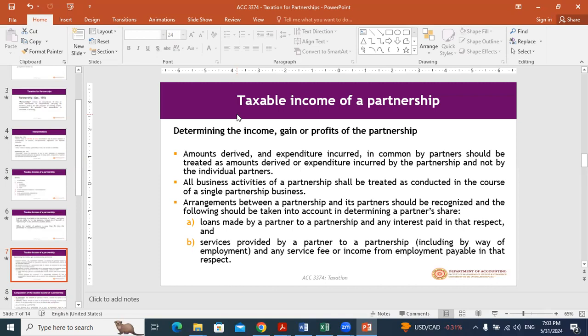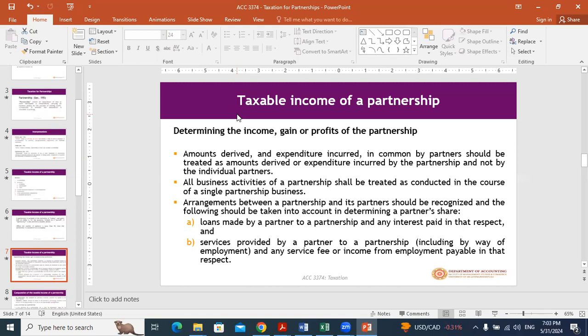Amounts derived and expenditure incurred in common by partners should be treated as amounts derived or expenditure incurred by the partnership and not by the individual partners. For example, say the rent of the partnership is paid by a particular partner, Mr. A, on behalf of the partnership.